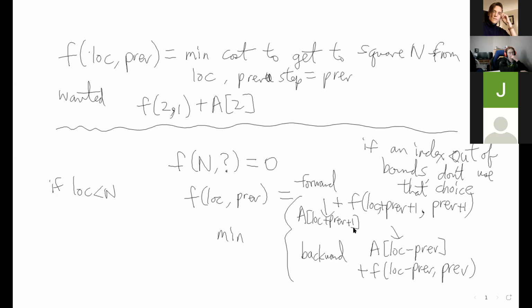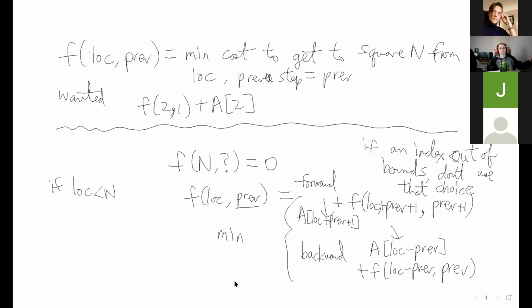What happens if both of them are out of bounds? It's possible that your step size is so big that it doesn't matter which way you jump, you're going to jump out of bounds. If that's the case, that means basically that you're stuck. You can't possibly get to square n.